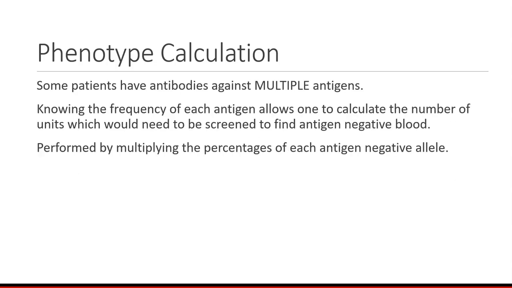The most common time that we use phenotype calculations is when patients have multiple antibodies against multiple antigens. Knowing the frequency of each antigen allows one to calculate the number of units you would need to screen to find antigen negative blood. This is performed by multiplying the percentages of each antigen negative allele.